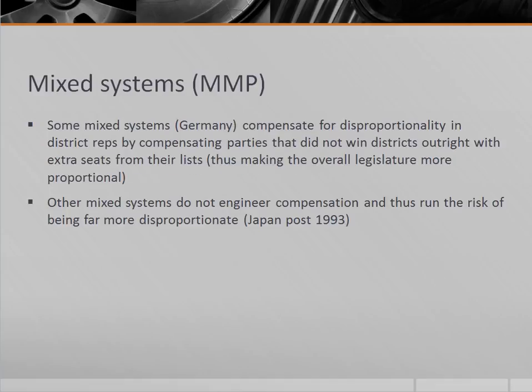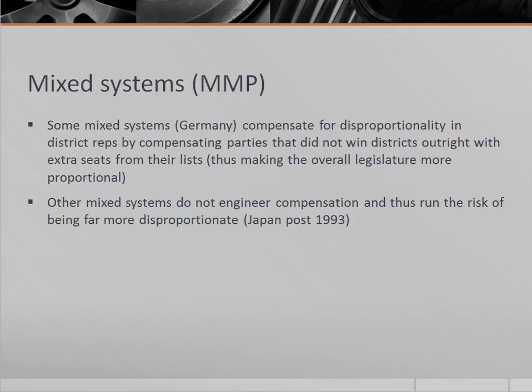So some mixed member proportional systems, mixed systems like Germany, compensate for disproportionality in the district reps by compensating parties that did not win districts outright with extra seats from their lists, which makes the overall legislature more proportional.